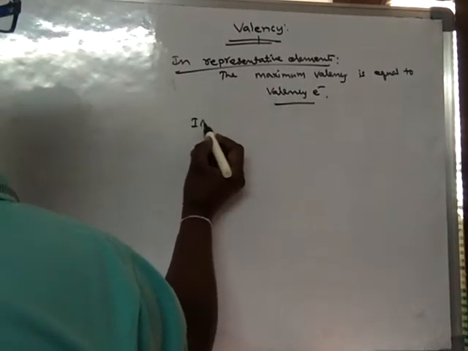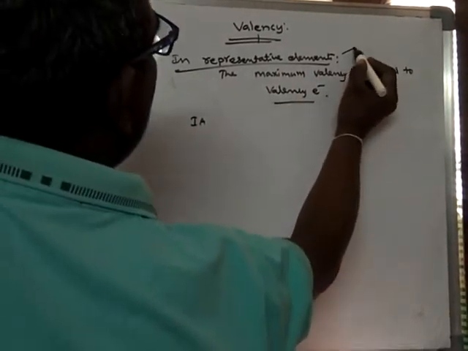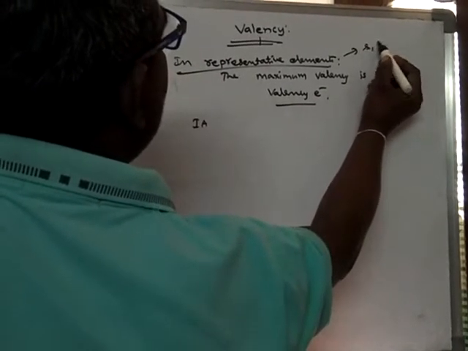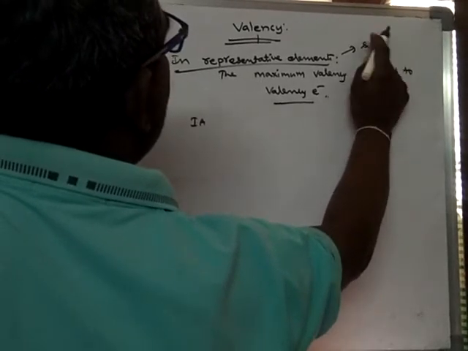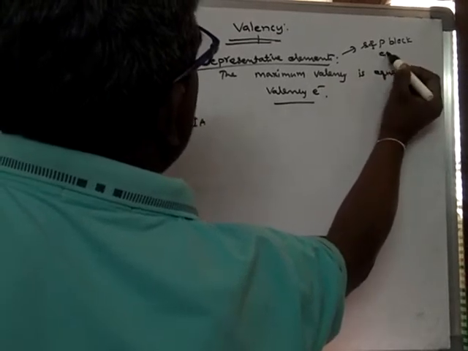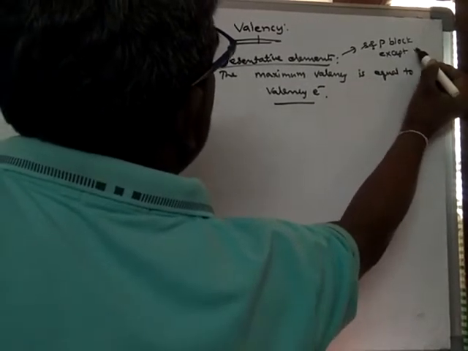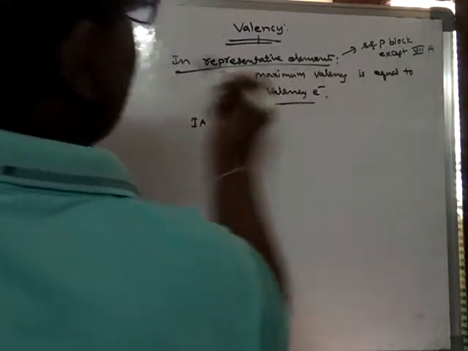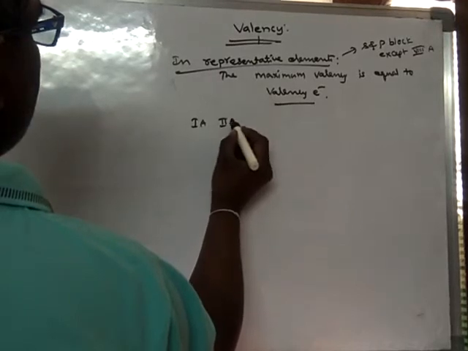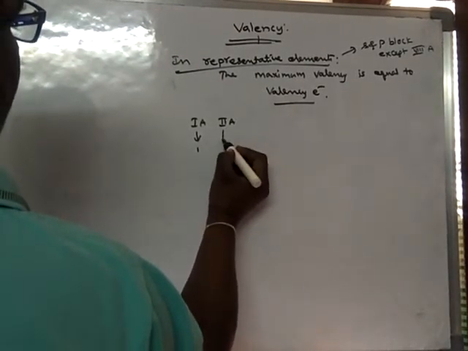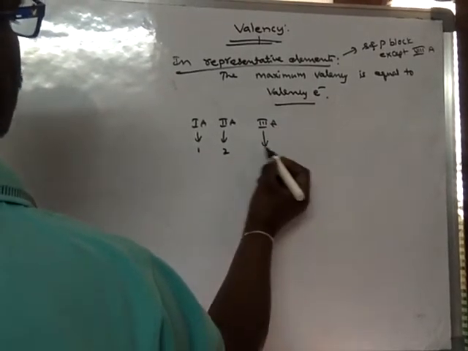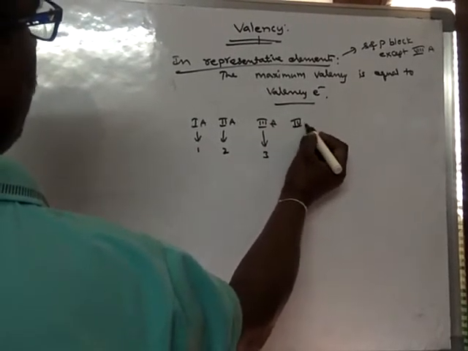So first A group elements. What are representative elements? Already we have seen S and P block. S and P block elements are said to be representative elements, except 8th A. So S block elements contain first A and second A. First A valence is 1, second A valence is 2, third A valence is 3, fourth A valence is 4.